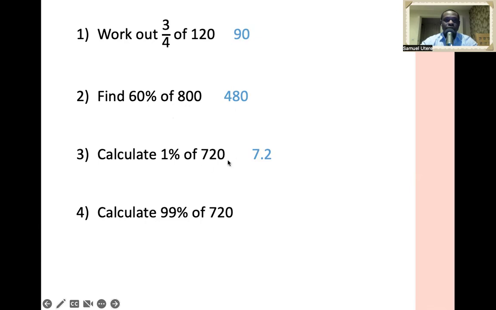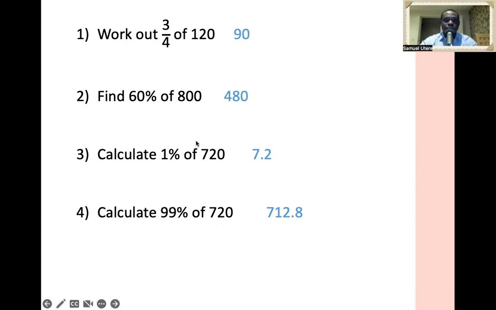Here, you can quickly find 1% by dividing by 100. To divide by 100 means to divide by 10 and then divide by 10 again. So if you divide 720 by 10, that will be 72. If you divide 72 by 10, that will be 7.2. To find 99% should not be a challenge.